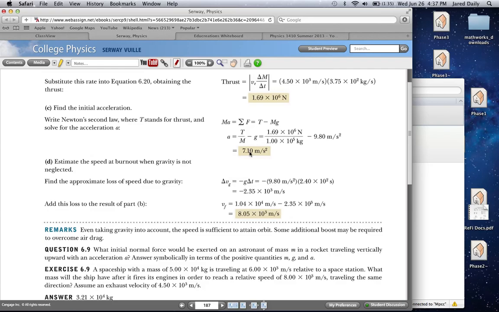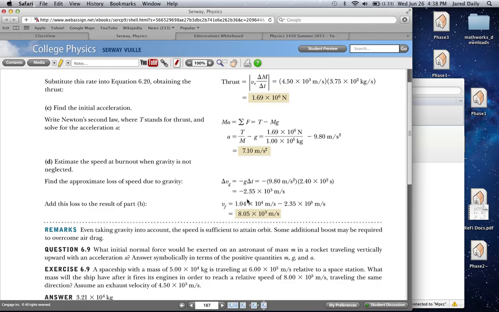So in the last part, they want us to estimate the speed at burnout when gravity is not neglected. You're going to use essentially the same equations, but you're going to include this gravity times time, which is going to be an acceleration times time. And you're going to find out how much it accelerates due to gravity and subtract that from the acceleration due to the rocket thrust. And let's see, where did we calculate that before?